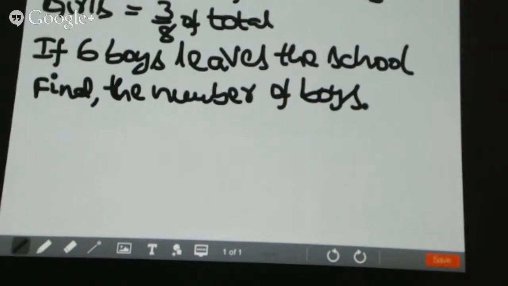See, there are 40 students in a class. 3/8 of them are the girls. And if 6 boys leave the school, how many boys are there?